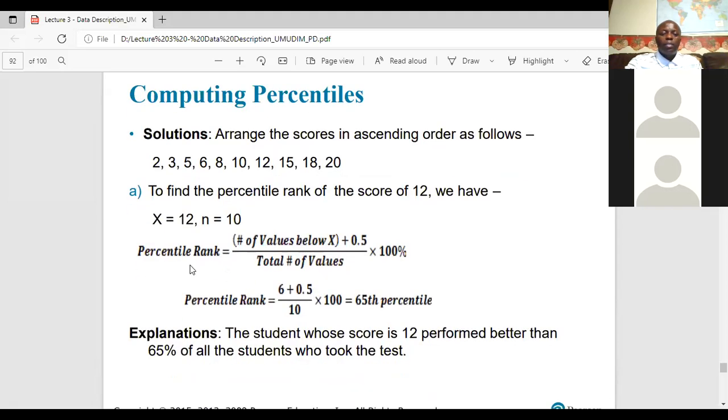So percentile rank becomes number of values below X. X is 12. How many numbers are less than 12? We have 1, 2, 3, 4, 5, 6. So you can see right here, 6, plus 0.5, which is part of the formula, divided by total number of values, which is 10, times 100.